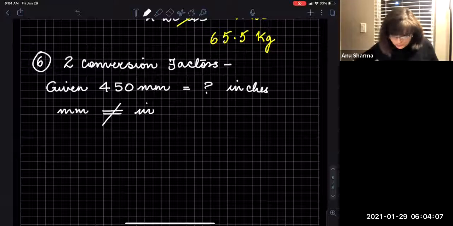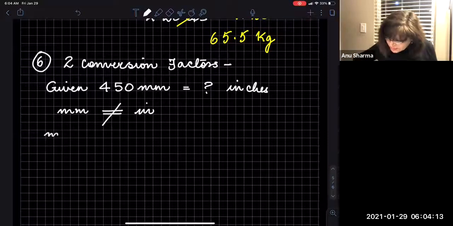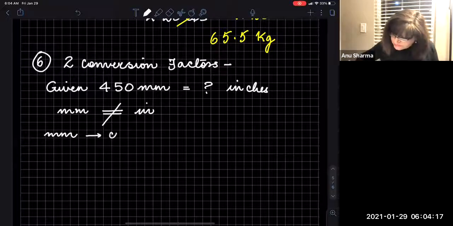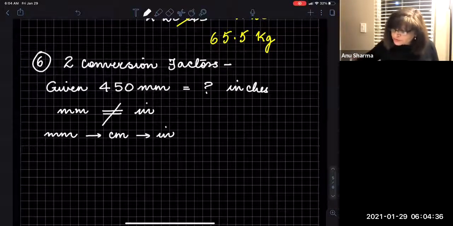So you will have to go through an indirect method, in other words, two steps. Take the millimeters and convert them to centimeters, and convert the centimeters to inches, because there is a direct relationship between millimeters and centimeters, and between centimeters and inches. So you have to go through the centimeters.